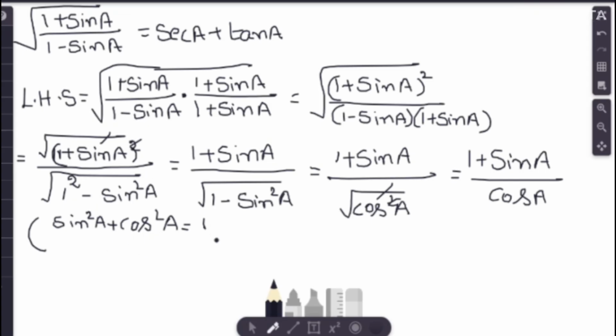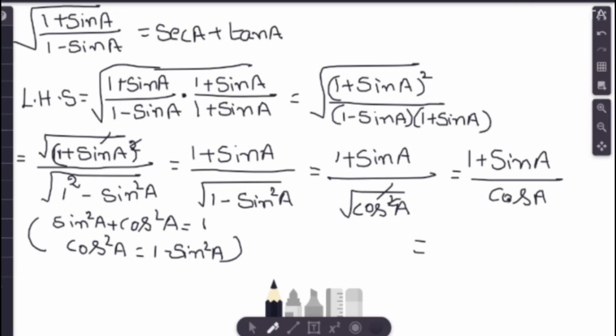So if I transpose this sin square A, the leftover is cos square A, which is equal to 1 minus sin square A. We used this one. Instead of 1 minus sin square A, I wrote cos square A. Square and root cancel. Leftover is 1 plus sin A by cos A.